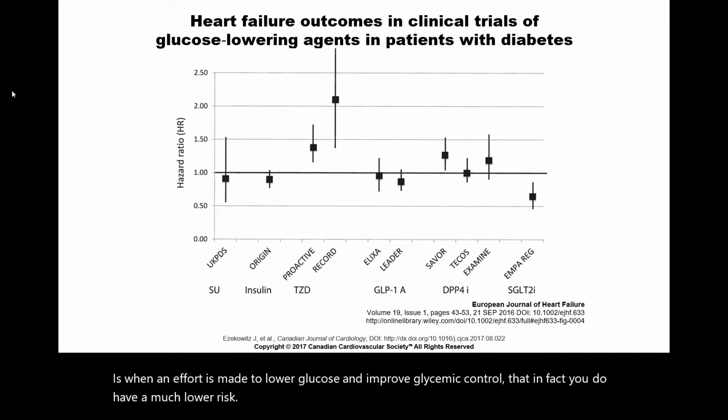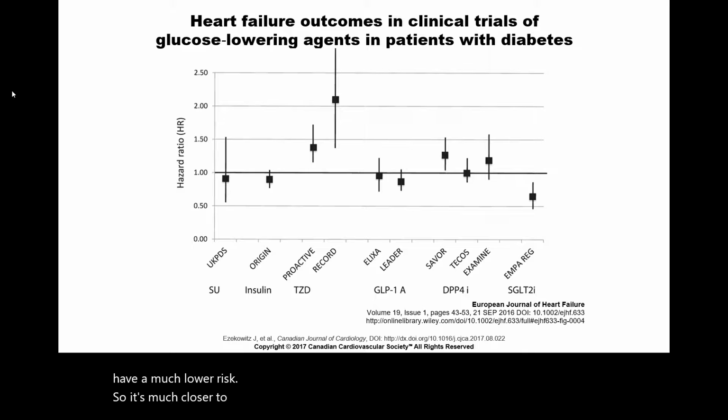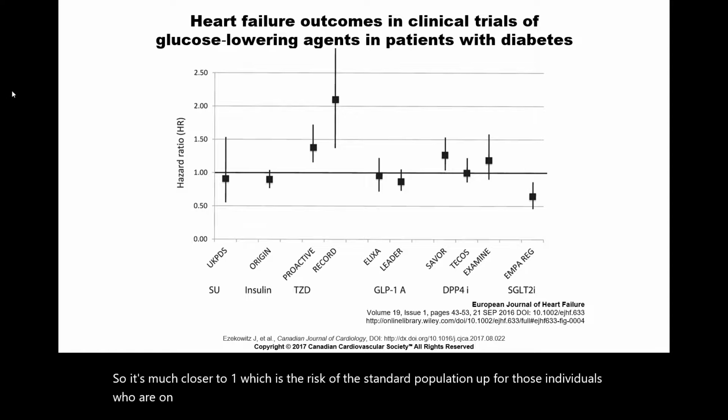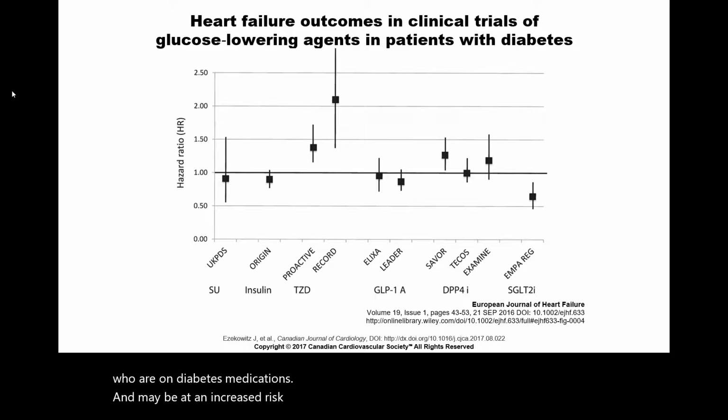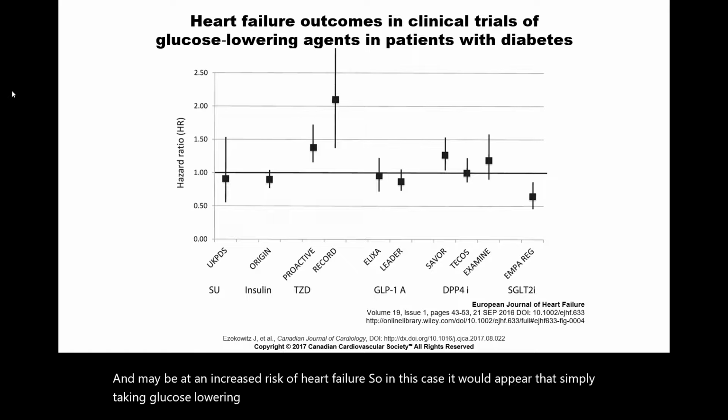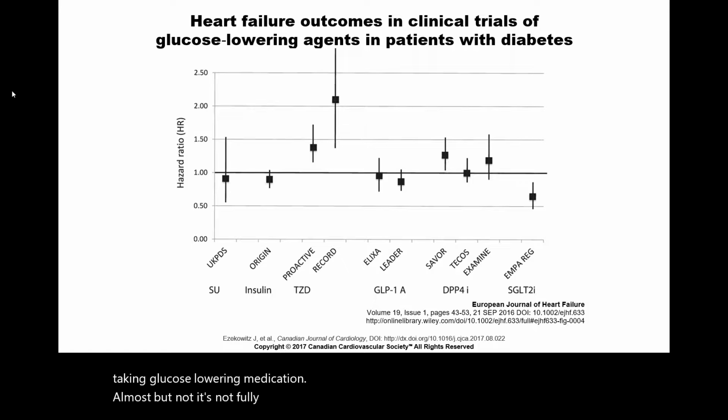So it's much closer to 1, which is the risk of the standard population, for those individuals who are on diabetes medications and may be at an increased risk of heart failure. In this case, it would appear that simply taking glucose lowering medication almost, but not fully, normalizes their risk for heart failure.